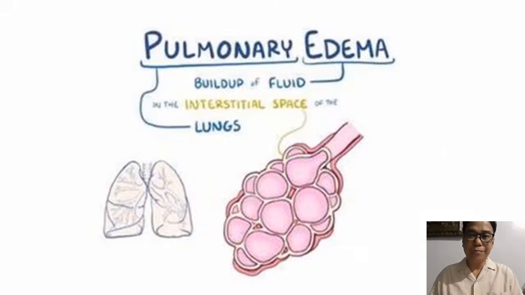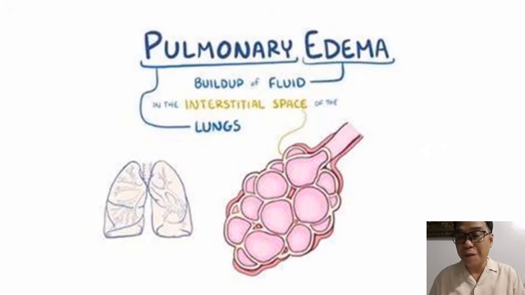Okay, so moving forward, we have pulmonary edema. As what we can see on our slide, pulmonary edema is a buildup of fluid in the interstitial space of our lungs, where in fact, aside from the surfactant, there should be no other fluid that should be present.